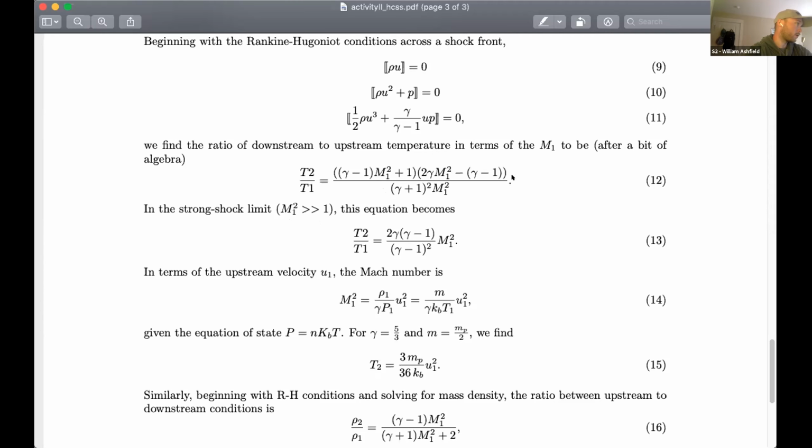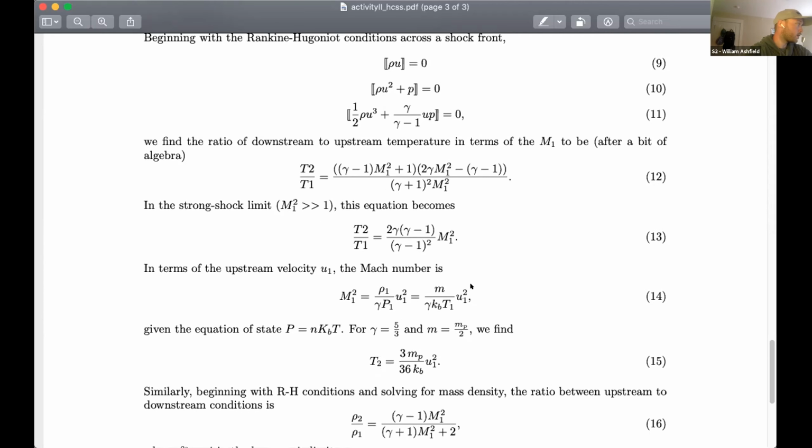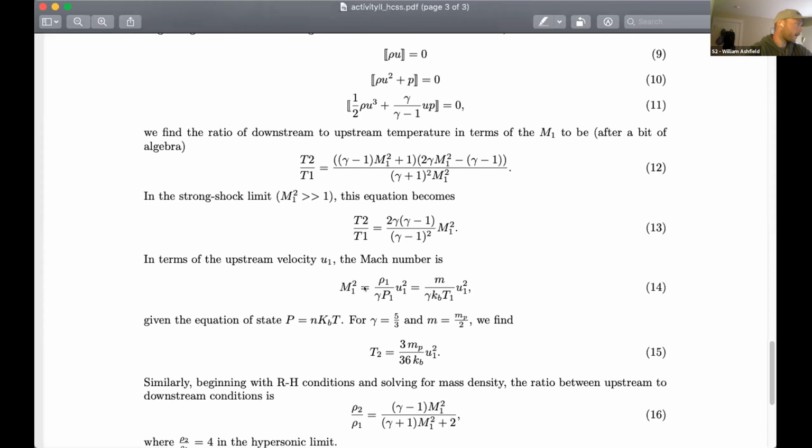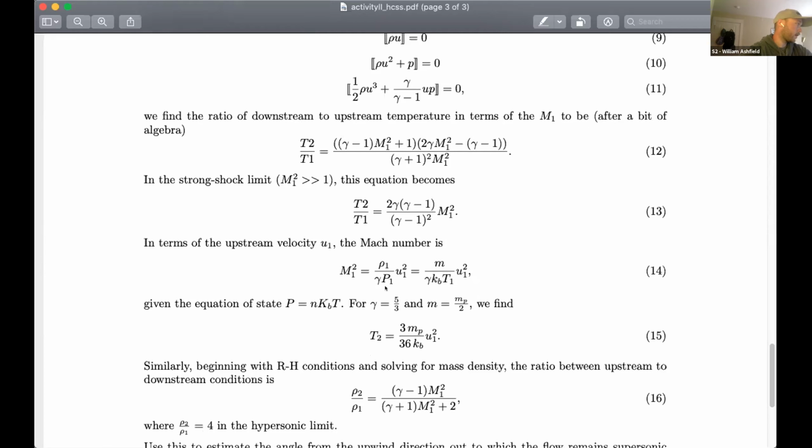So this equation 12 reduces to equation 13. To get the answer we want, you have to rewrite this Mach number in terms of the upstream velocity and the upstream sound speed, and then using the equation of state, you arrive at this equation. Gamma is 5/3 because plasma in this case can be thought of as an ideal gas.